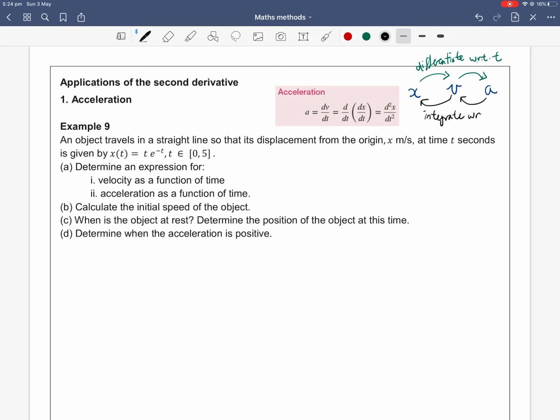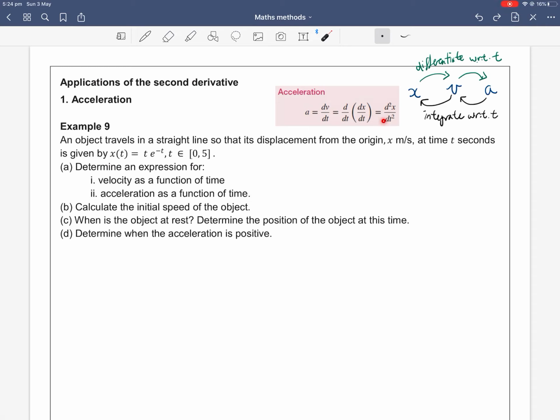So you just have to integrate with respect to time. Essentially that's what this little box is saying: acceleration is the derivative of velocity, which is the derivative of displacement.